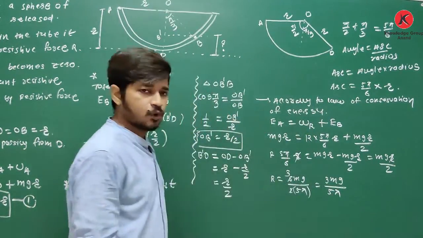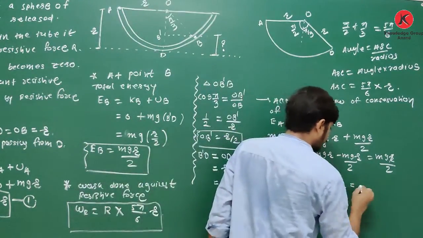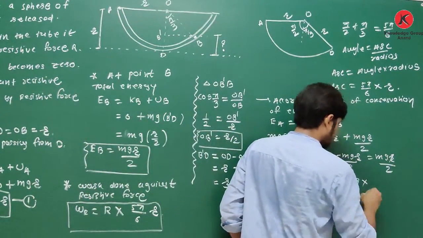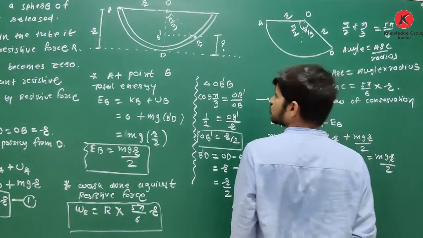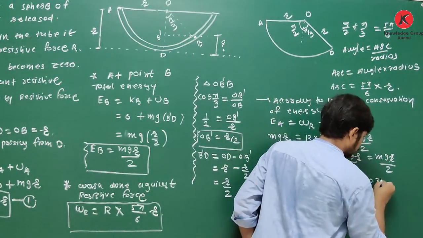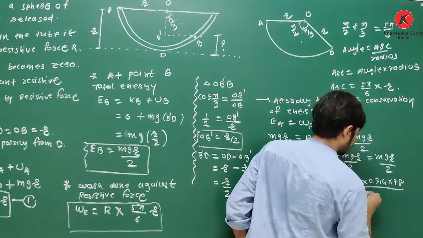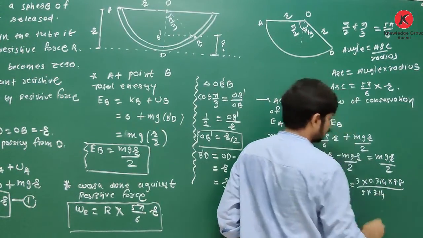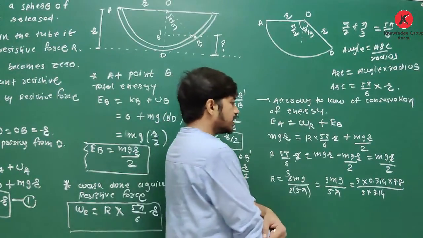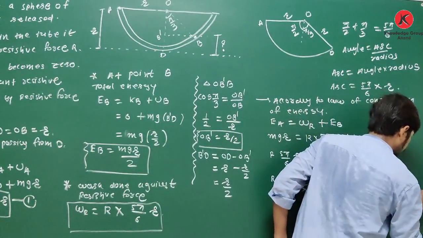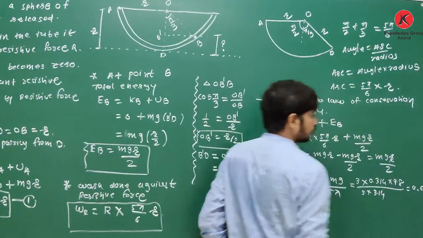You are given each and every value. So it is 3 into the mass, which is 0.314, the value of g, that is 9.8, divided by 5, into 3.14. If you calculate this, you will get the value of R to be 0.6 Newton.